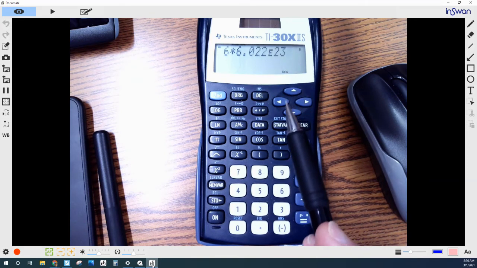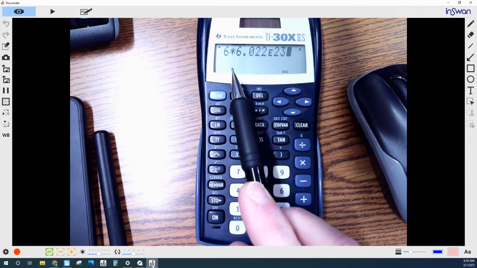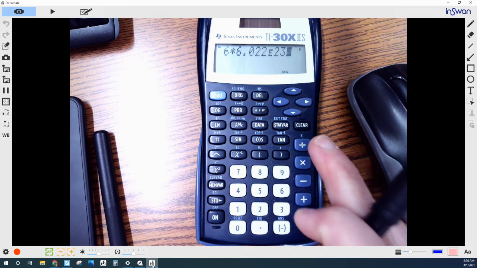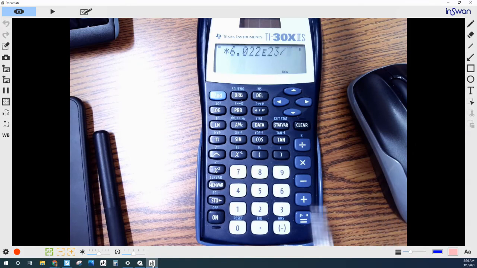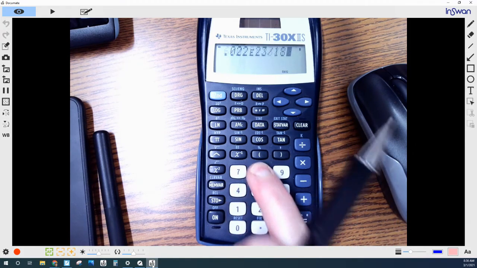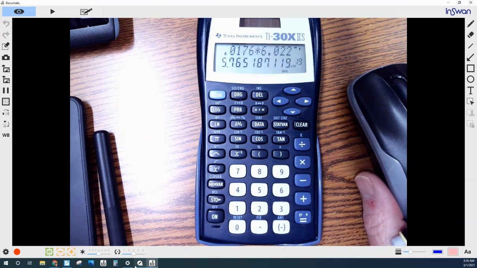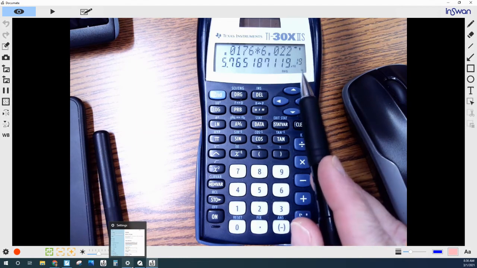The advantage of using that key is that the calculator will treat this all as one number. If you go through the trouble of multiplying times 10 to some power, sometimes those two parts can be kind of separated and you can run into some problems. So the other thing I needed to do is divide by the value in the denominator, which was the molar mass of tungsten. I go ahead and hit equals, and it gives me my answer in scientific notation.